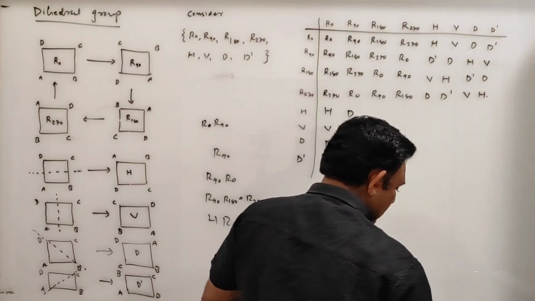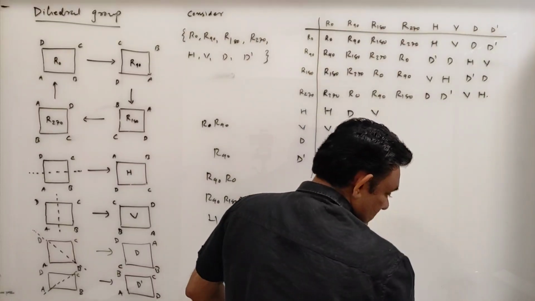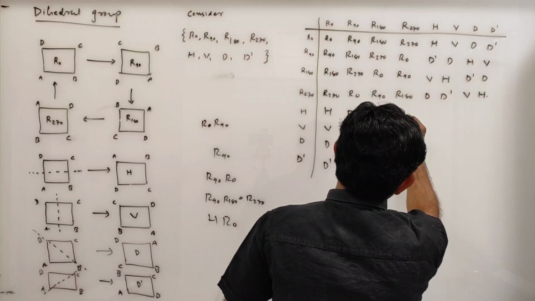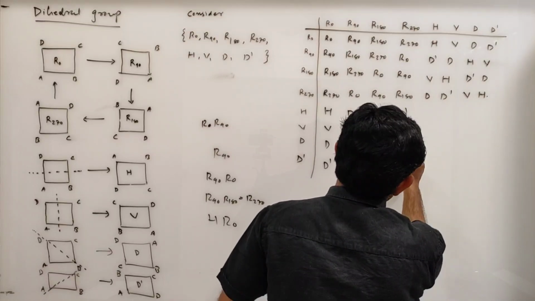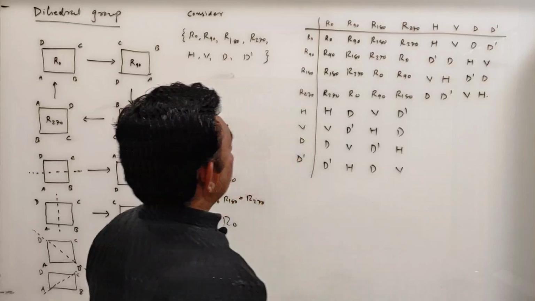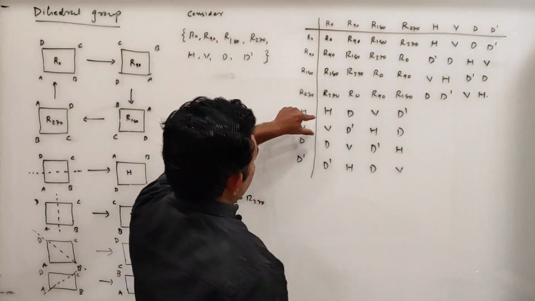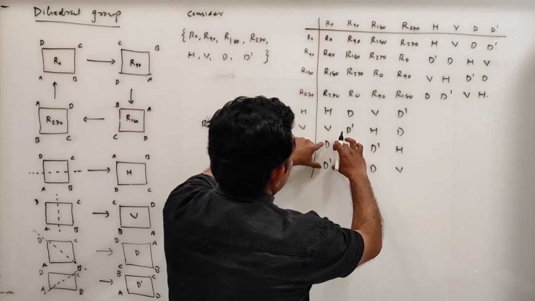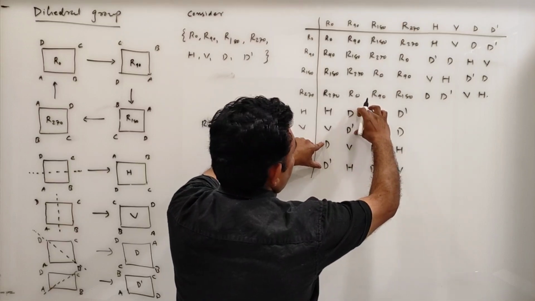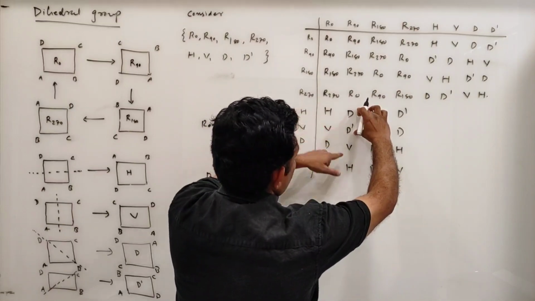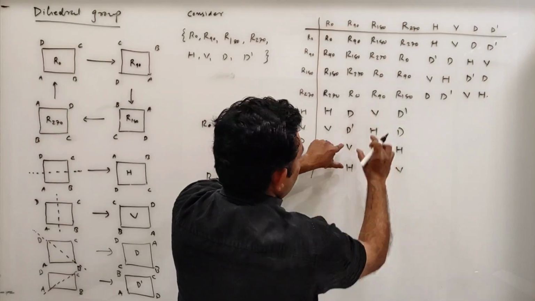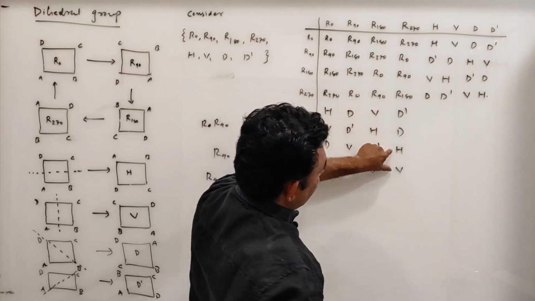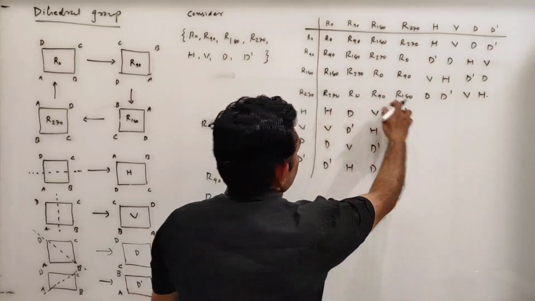This column will be VH, D dash, D and D dash, D, H, V, right? So what is the pattern here? Here H, V, you can see here D, D dash. These two will appear here and these two will appear here, but in reverse order, VH. Now these two will appear here and these two appear here in reverse order. These two will appear here and these two will appear here in reverse order. So this block is complete.